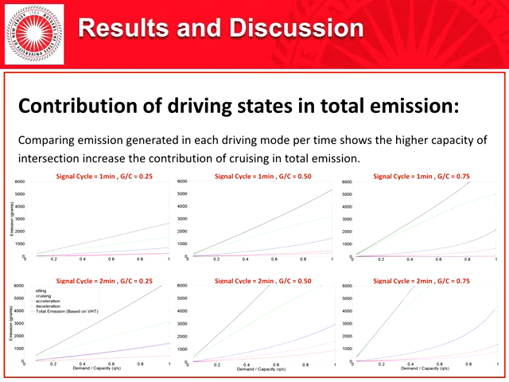In other words, as you see in the two right-hand side figures, the green line, which is the cruising emission, is very close to the black line, which is the total emission.